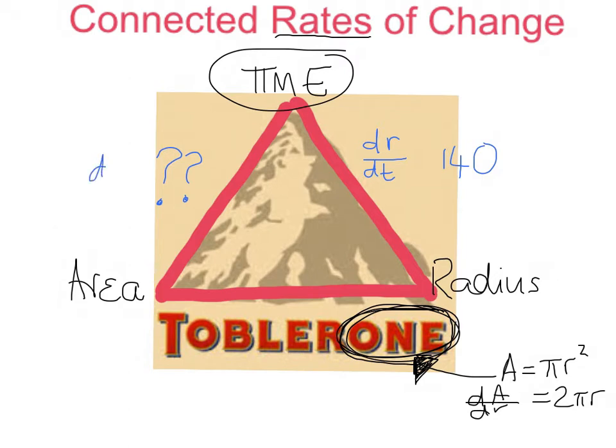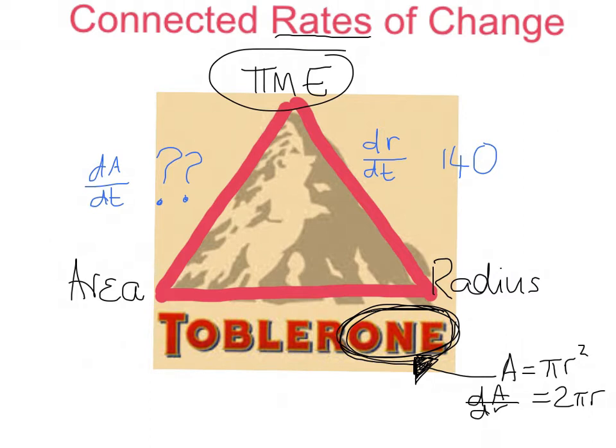What is dA by dt? Or similarly, maybe we're given some information about dA by dt and we're asked about dr by dt. One of the diagonal sides you will be given, and one side you'll be asked for, and at the bottom you do it on your own. You connect up these two things yourself and differentiate that yourself.